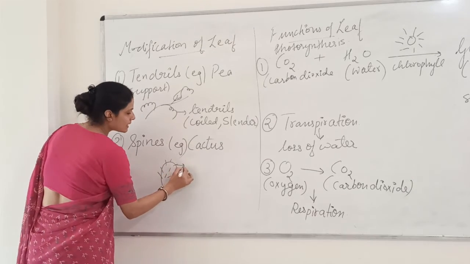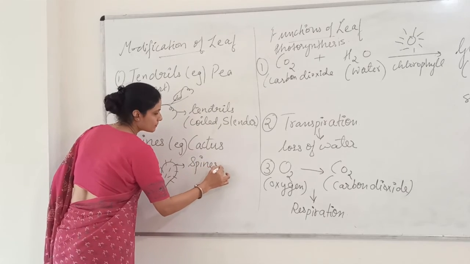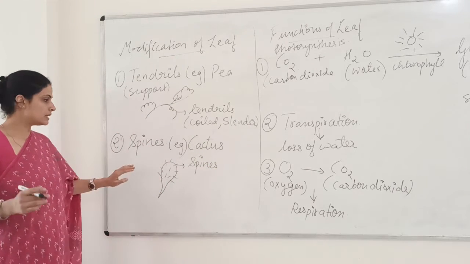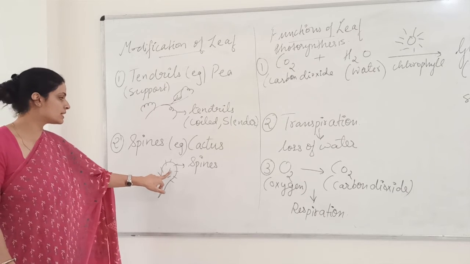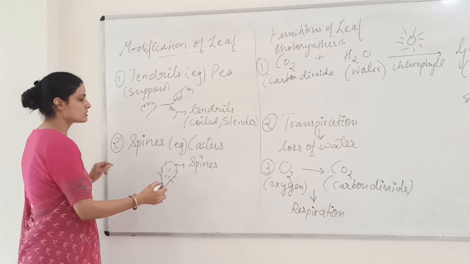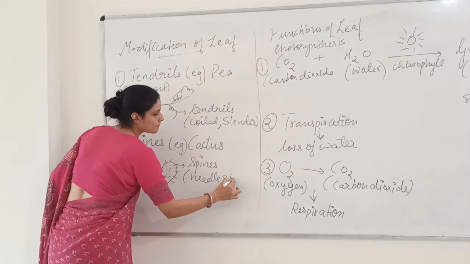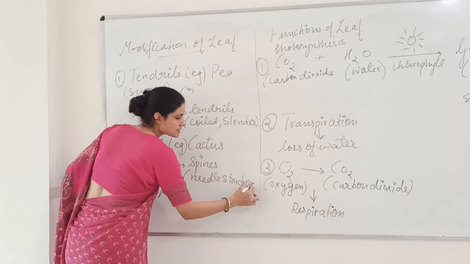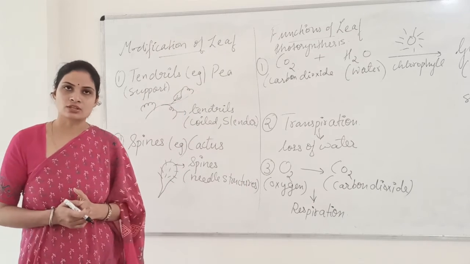Okay, so these needle-like structures are called spines. Here the leaves have modified into these needle-like structures which are called spines. So these spines perform the function of protection.